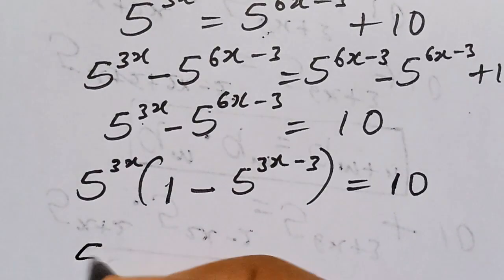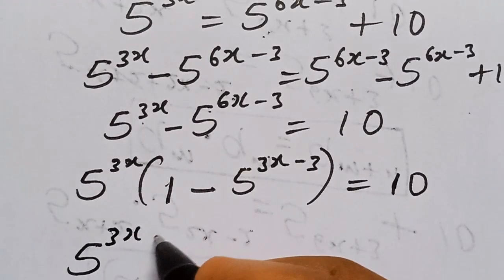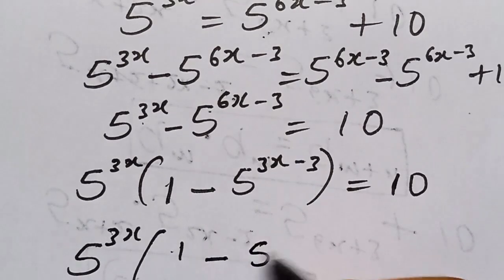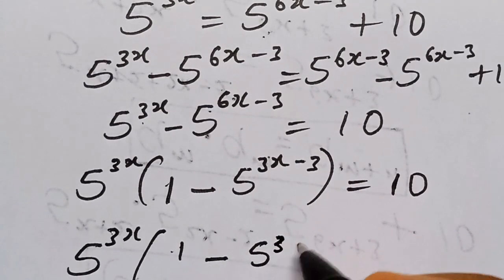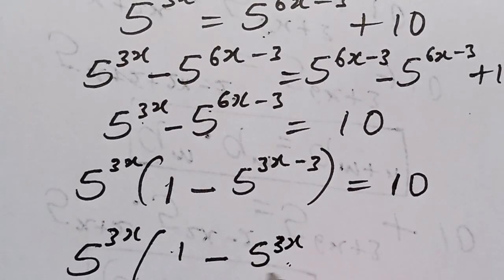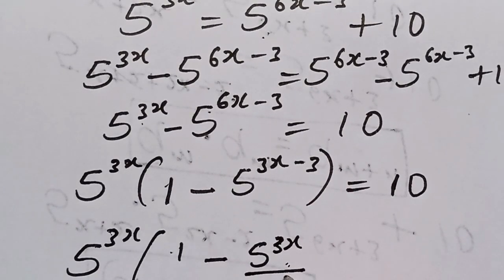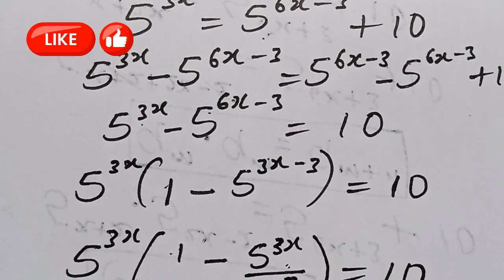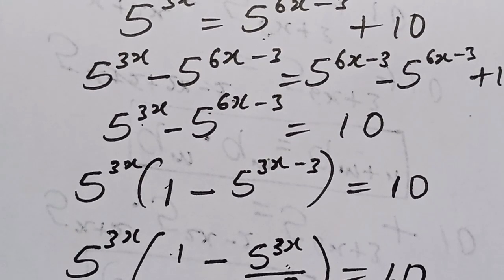So this can also be written as 5 raised to power 3x into bracket 1 minus 5 raised to power 3x over 5 raised to power 3, close the bracket, everything equals 10. Okay? So this equation is transcendental and cannot be solved algebraically.